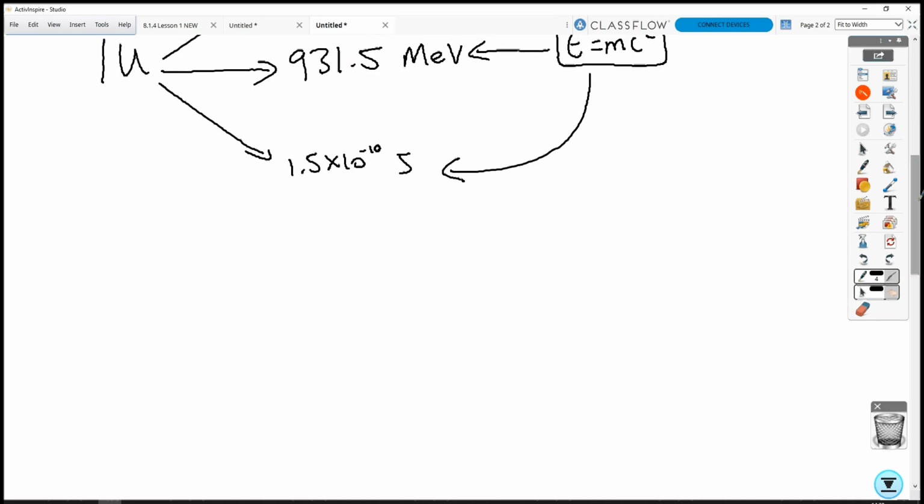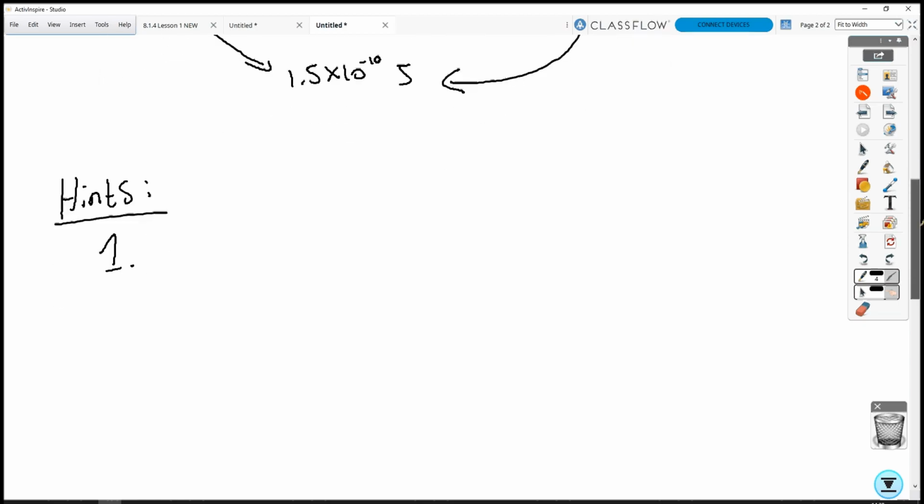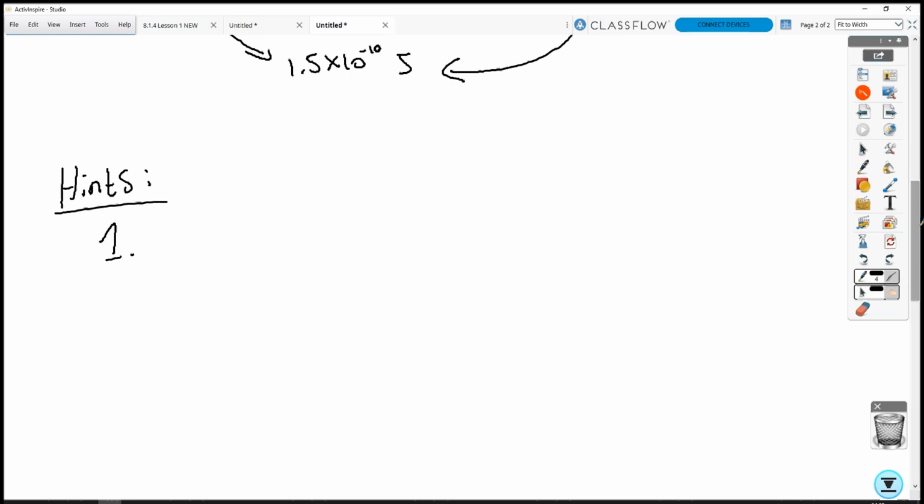So hints for these questions. Number 1, write out the equation of the reaction. You should always write out the equation of the reaction. That will be used to guide you.